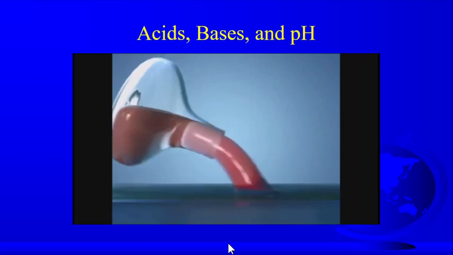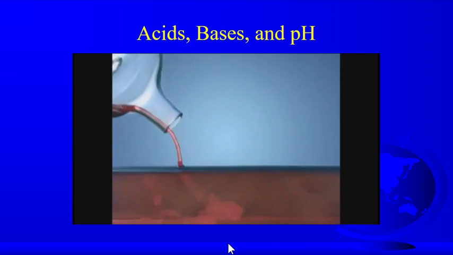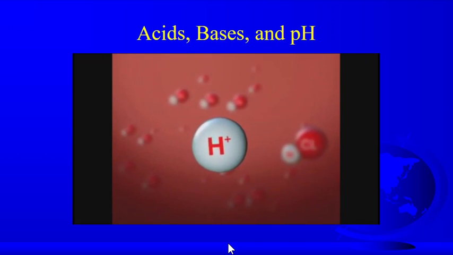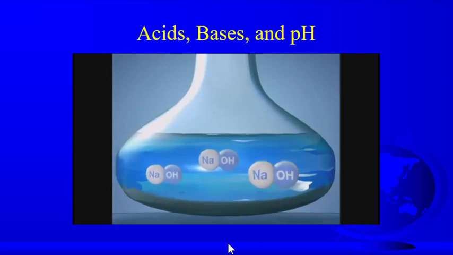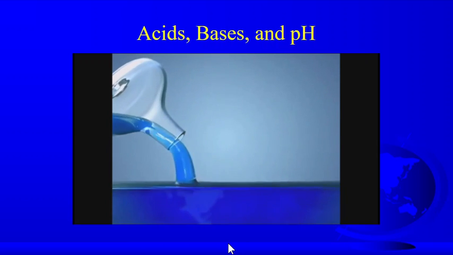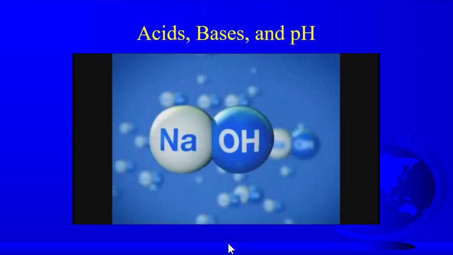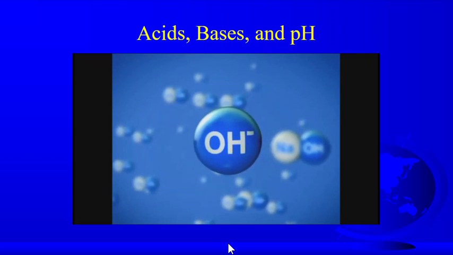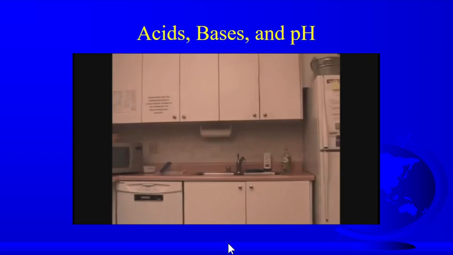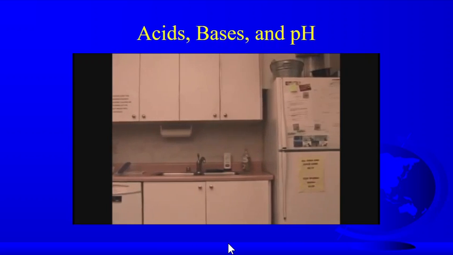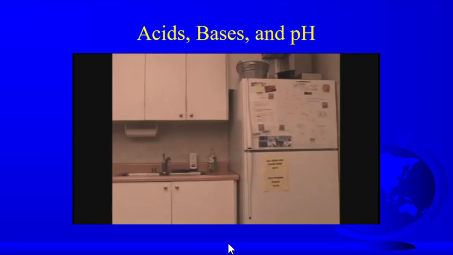An acid is a substance which functions as a source of hydrogen ions in aqueous solution, while a base is a substance which functions as a source of hydroxide ions in aqueous solution. Acids and bases can be found virtually everywhere.